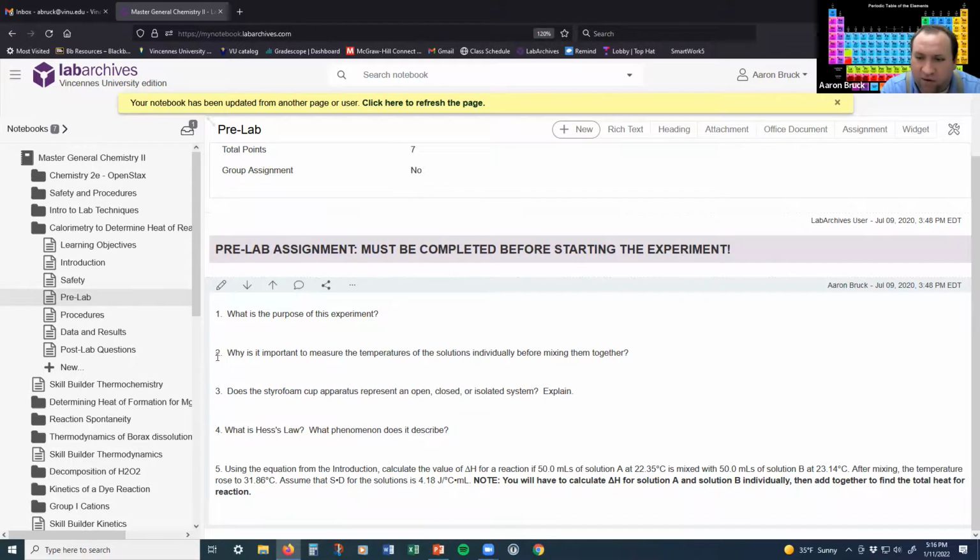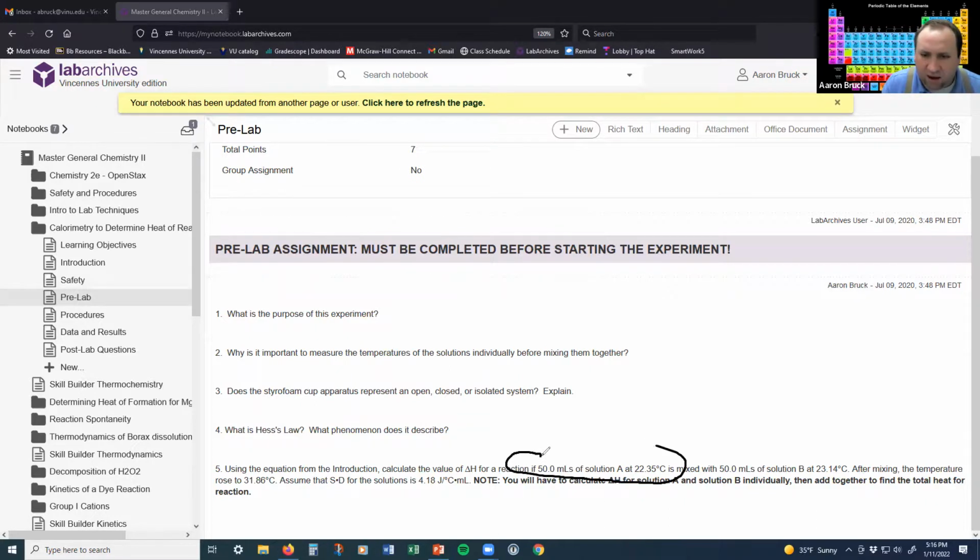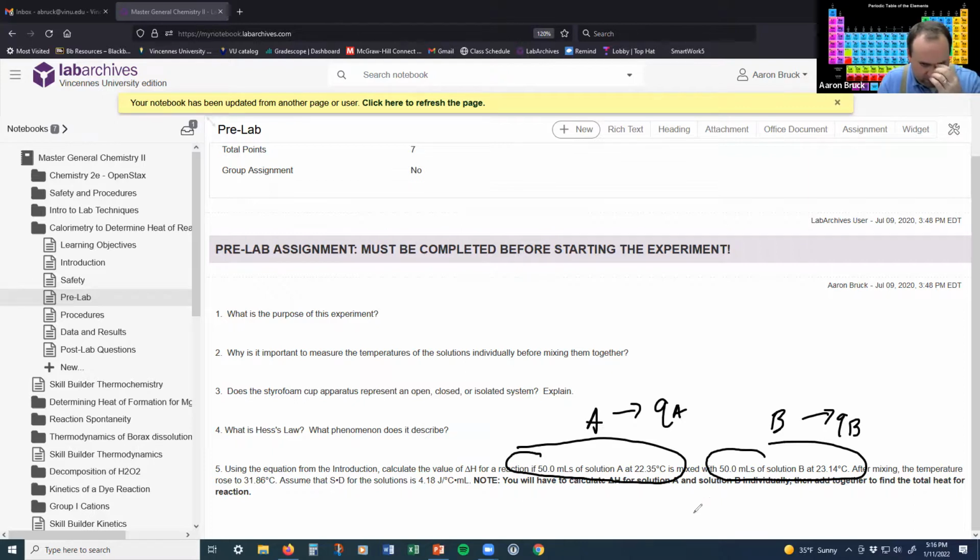And then number 5 is kind of a practice run at the kind of calculation that you're going to have to do. So in this calculation, you are going to have to take your values for solution A and determine the Q for solution A. And you're going to have to take your values for solution B and turn them into a Q for solution B. And so the Q of solution is going to be the sum of QA and QB.